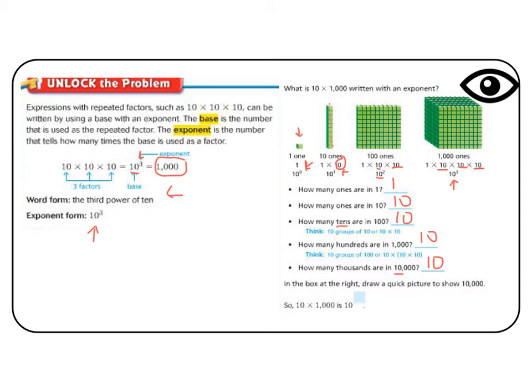That would be 10,000, and that would be the same as 10 times 10 times 10 times 10, right? So we would have 1, 2, 3, 4, 4 zeros, 4 tens, 10 to the power of 4.